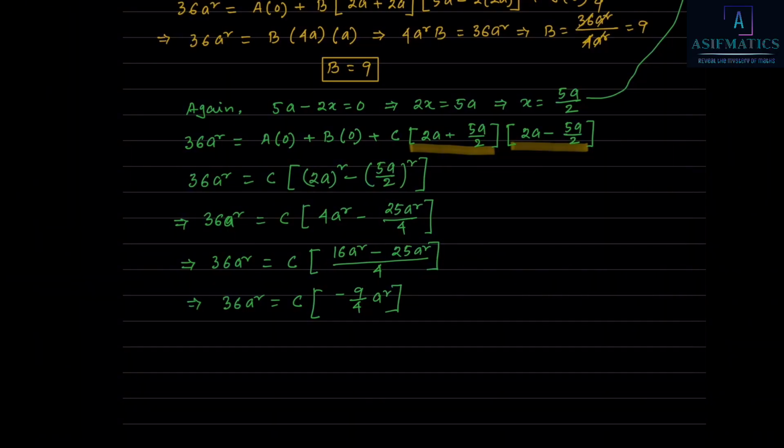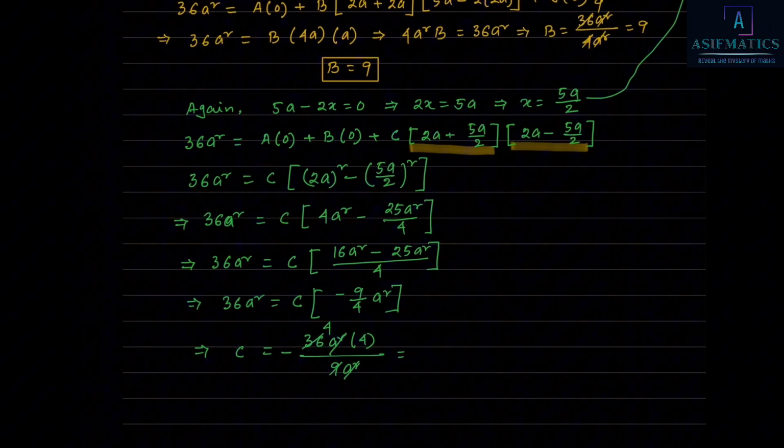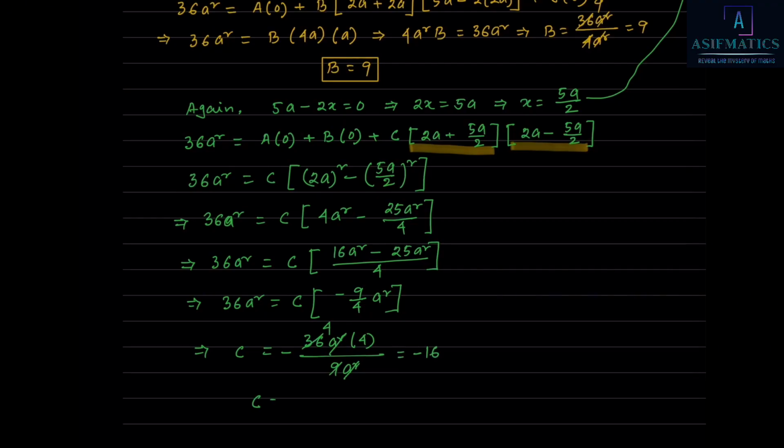So we can get our c value equals 36a square times 4 divided by 9a square, and also the minus. The a square and a square cancel, 36 divided by 9 is 4, so this will be minus 16. So our c value is minus 16.